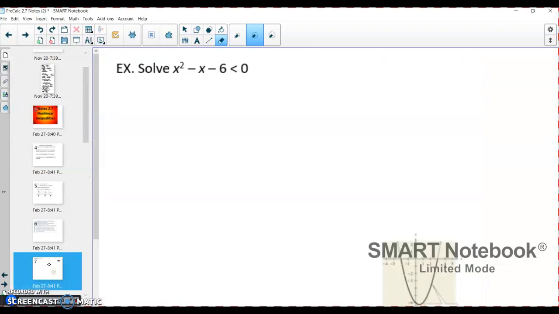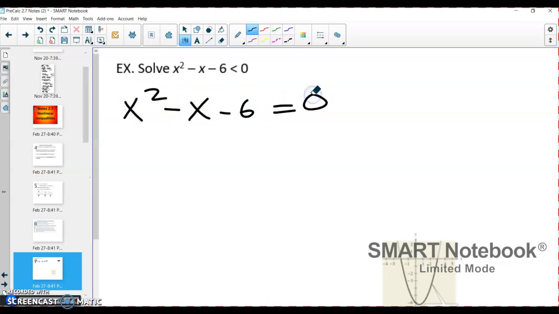Here we have our first problem, a quadratic nonlinear inequality, and we're going to solve the left side for our x-intercepts. So we have to find x squared minus x minus 6 equal to 0. Now we look at this and say the numbers have to multiply to be -6 and add up to be -1.